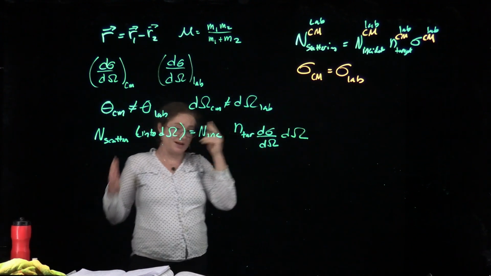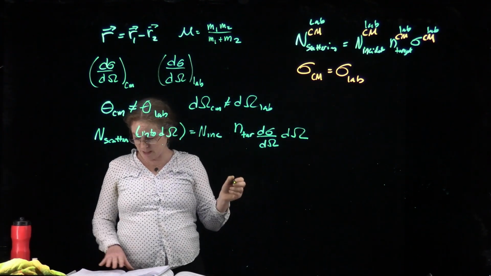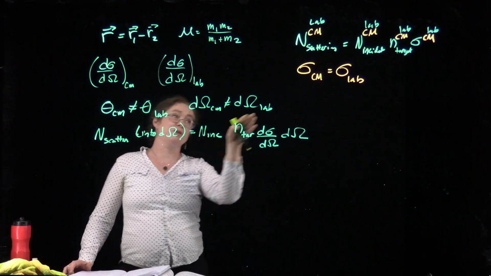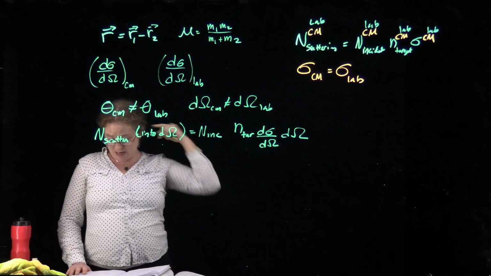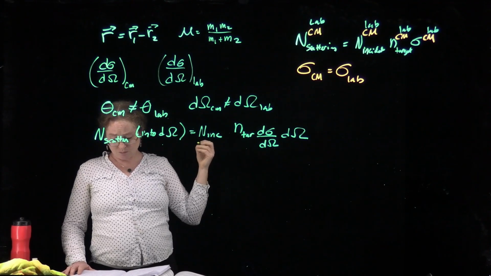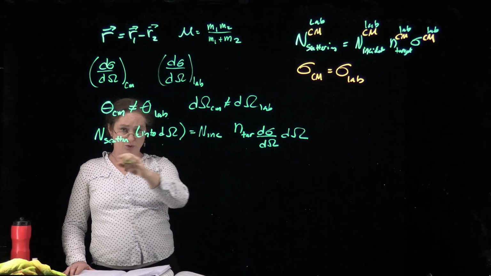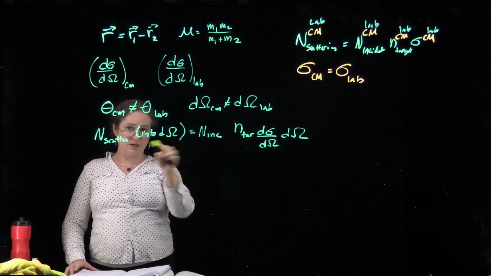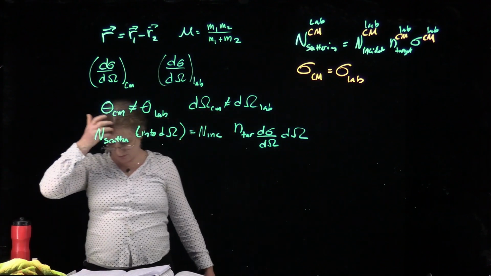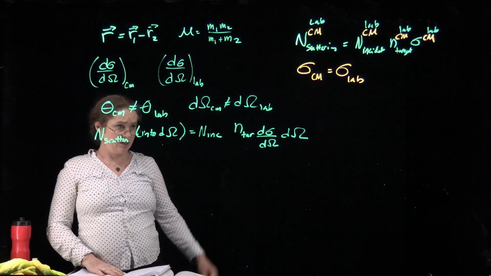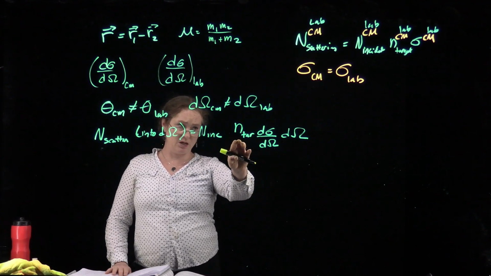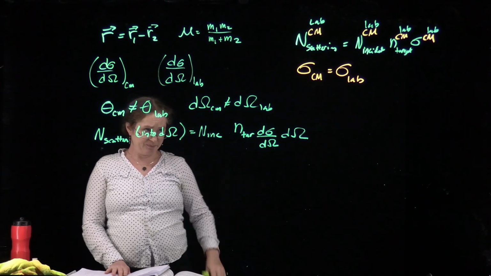So all I've done here is restrict this to a specific solid angle. And this is going to work in both the lab frame and the center of mass frame. So I can divide through: the number of incident particles is the same, and the number of target particles is the same.